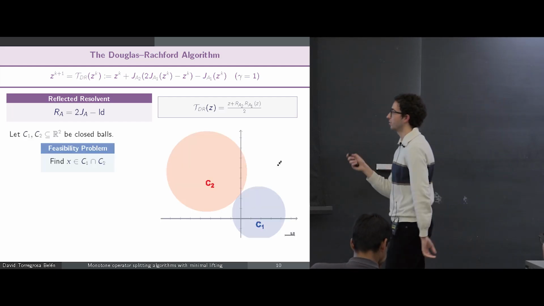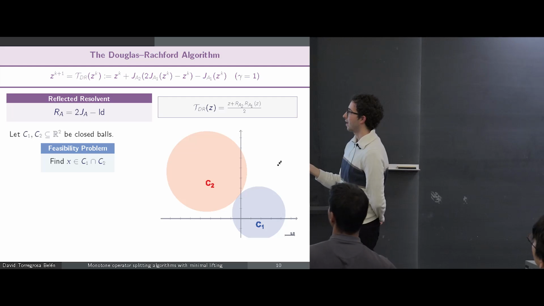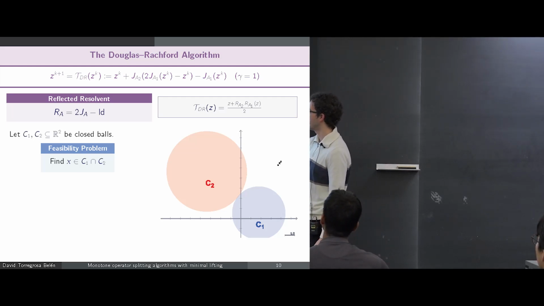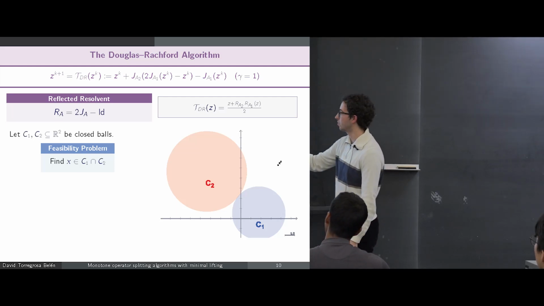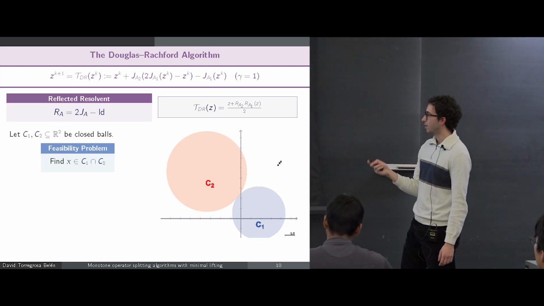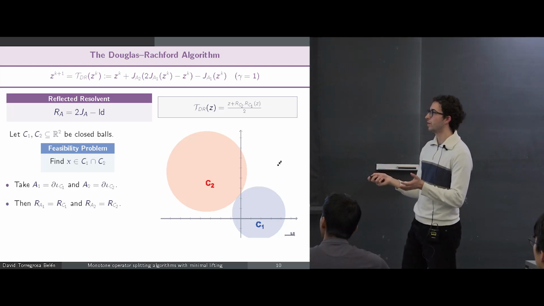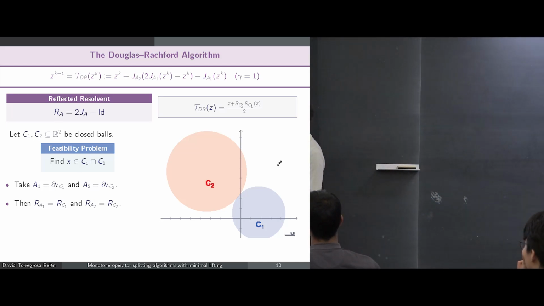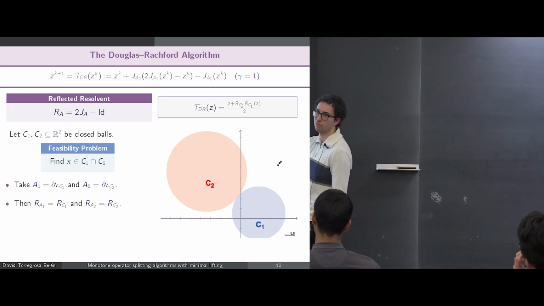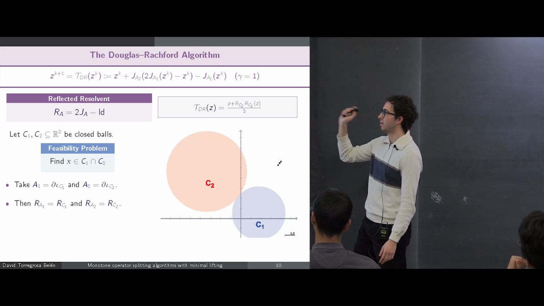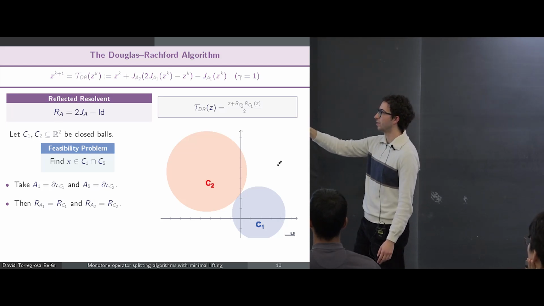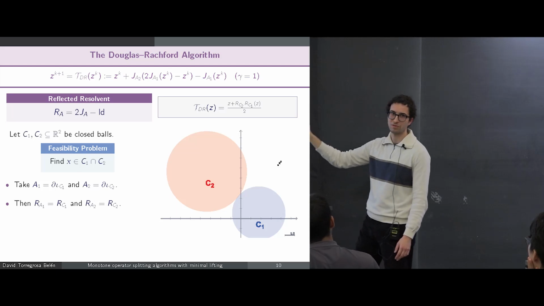And then what I'm going to show you is the Douglas-Rachford applied to a feasibility problem, which consists in finding a point in the intersection of these two balls, which is only given by one point here. It turns out that the maximally monotone operators that we care about for this problem are the subdifferentials of the indicators of each one of the balls, and then the resolvents are going to be the projections onto the balls, and the reflected resolvents are just going to be the reflections onto the balls.